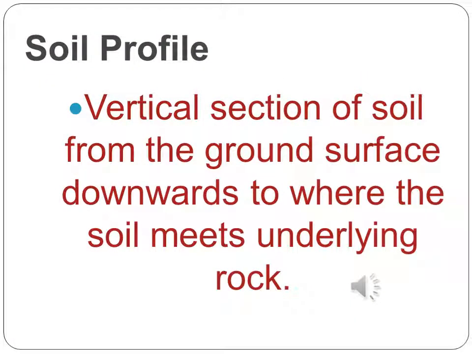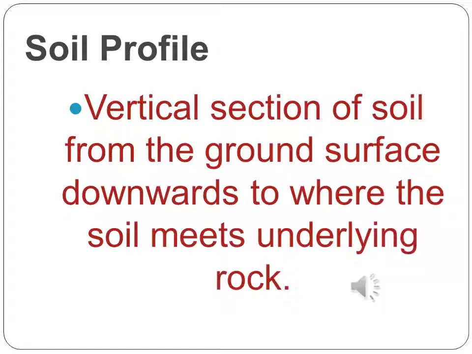Now the question is, what is soil profile about which we are talking? So soil profile is the vertical section of the soil from the ground surface downward to where the soil meets the underlying rock.